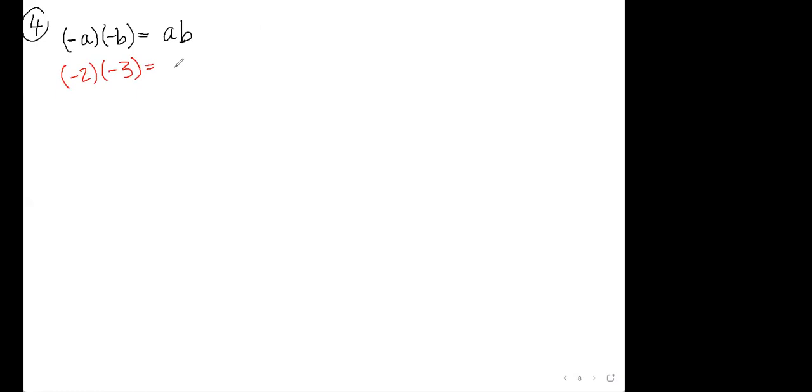It gives positive 2 times 3, and this is equal to 6. Or another example, minus 4 times minus 5. It gives 4 times 5, because the negative times negative is positive. 4 times 5 is 20.